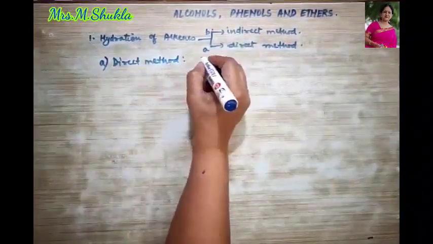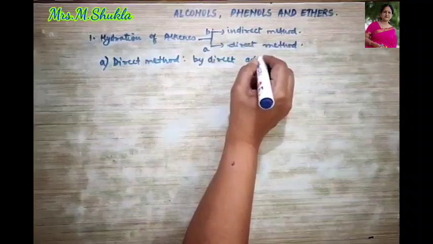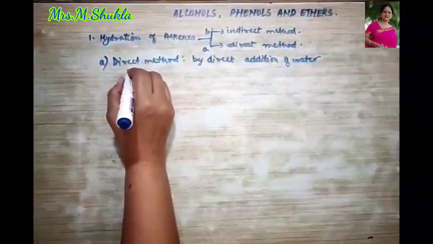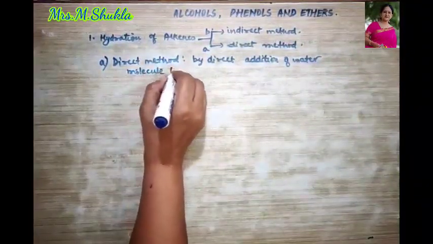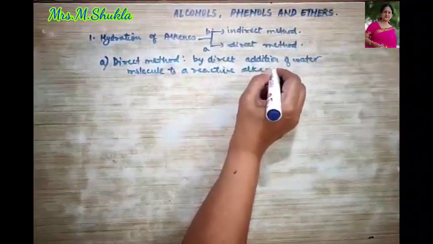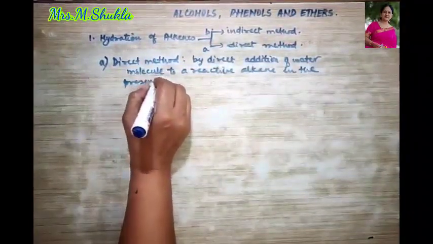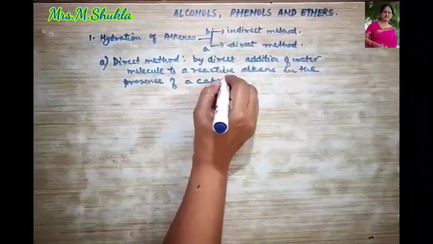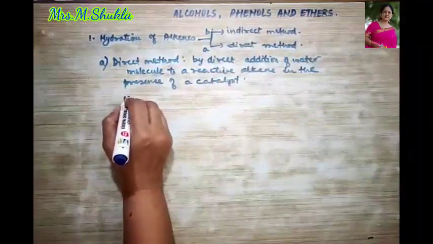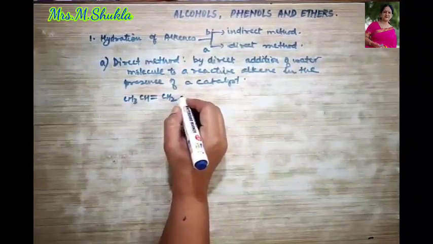So over here alcohols can be formed by direct addition of a water molecule to a reactive alkene in the presence of a catalyst. Okay, so this is your direct method. For example, if I take this compound CH2, what is the name of this?